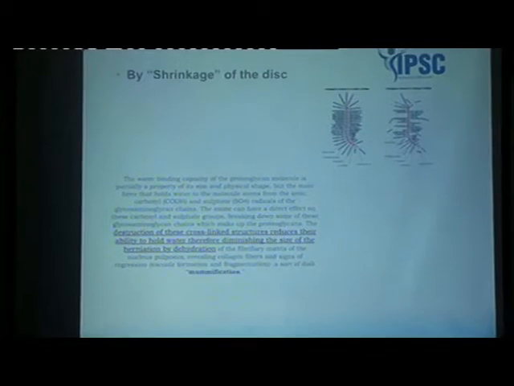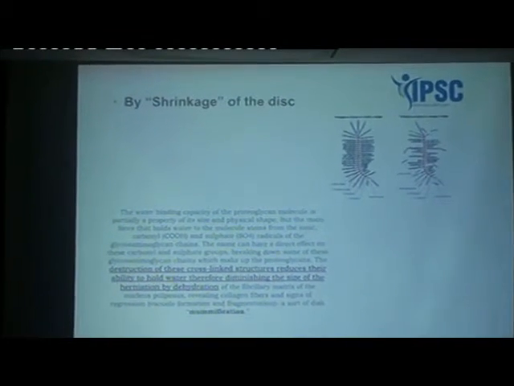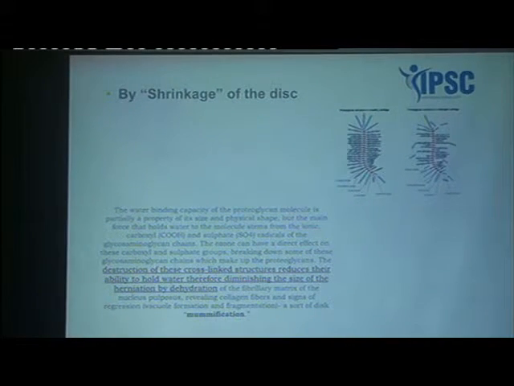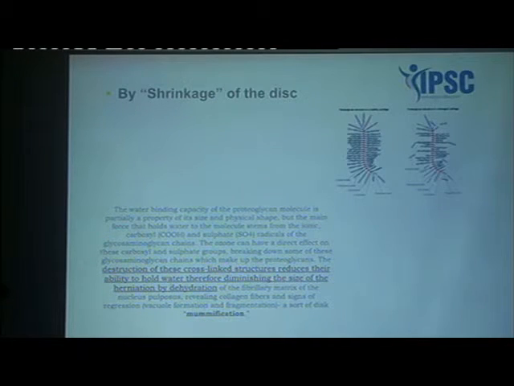So by breaking proteoglycans, we are making it a little more dehydrated. It loses its capacity to hold water and it causes shrinkage of the disc. So that is the mechanism of action. Actually we are breaking the proteoglycans, which is a normal degeneration process. We are making it more degenerated. But why we are doing it, we'll come to know that.